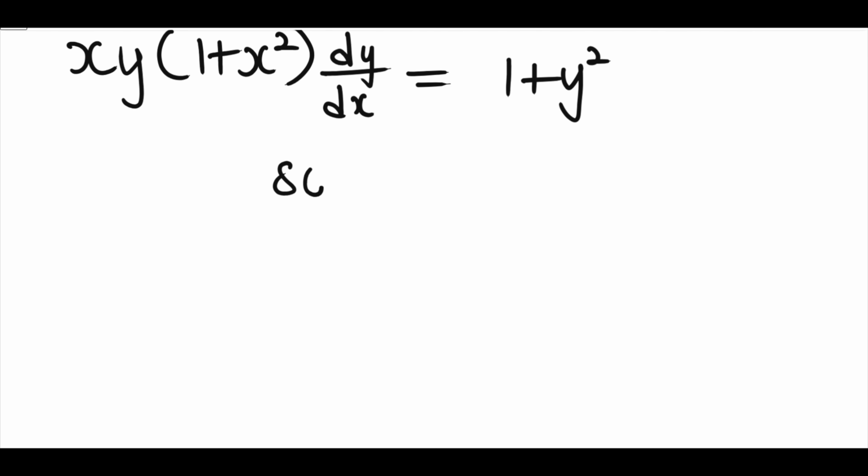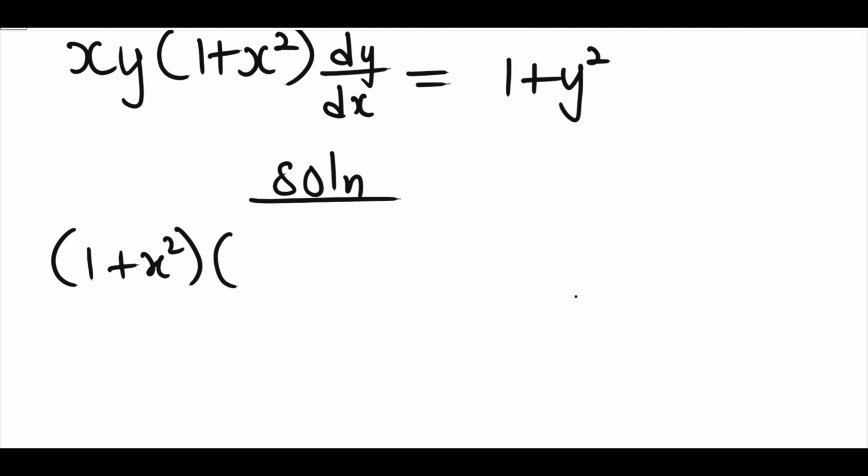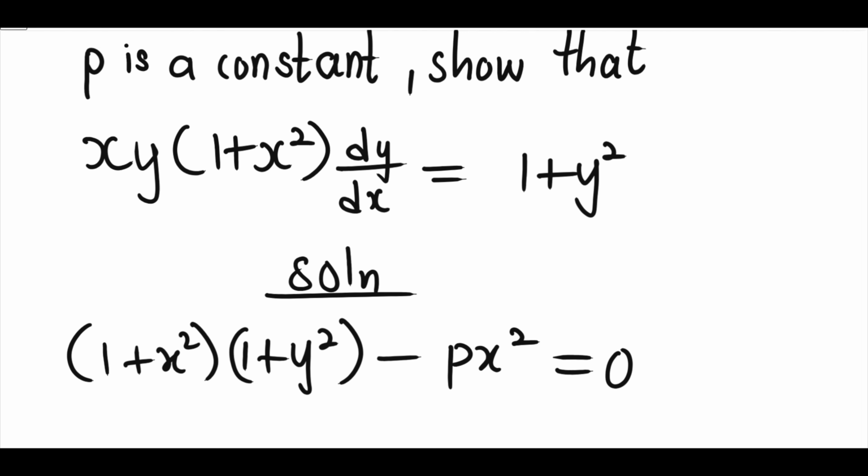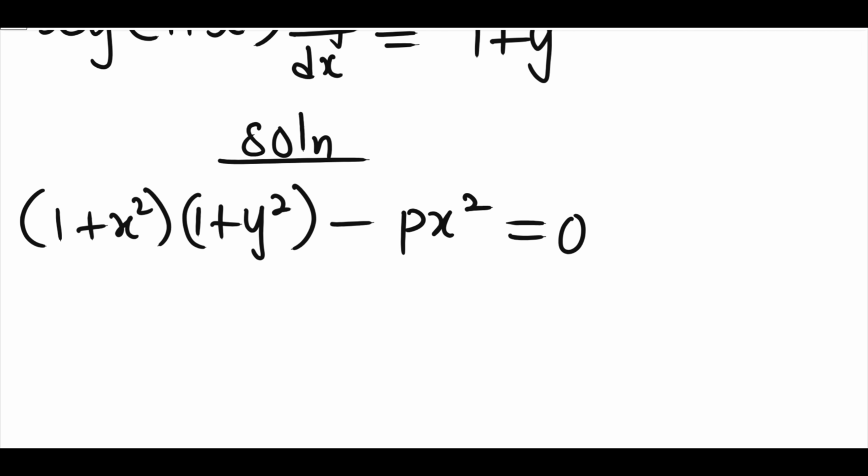So my solution here: we have a function which is the bracket 1 plus x squared multiplying 1 plus y squared, minus px squared, equal to 0, where p is a constant.